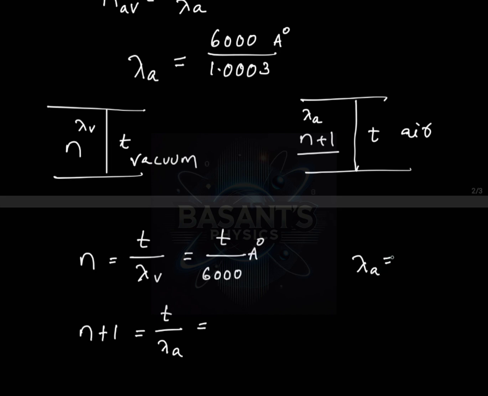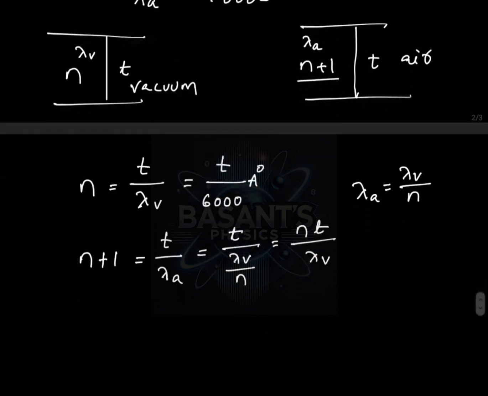Lambda a is equal to lambda v by refractive index of air. So you can write T by lambda v by n, or you can write nT upon lambda v.